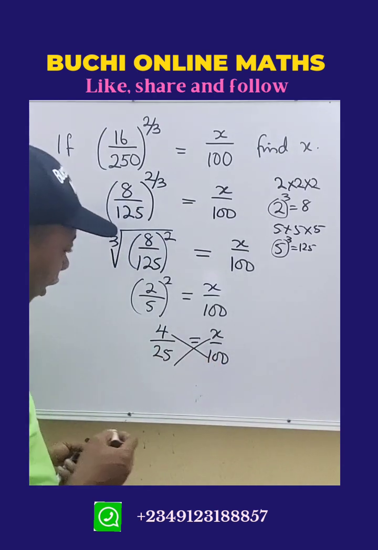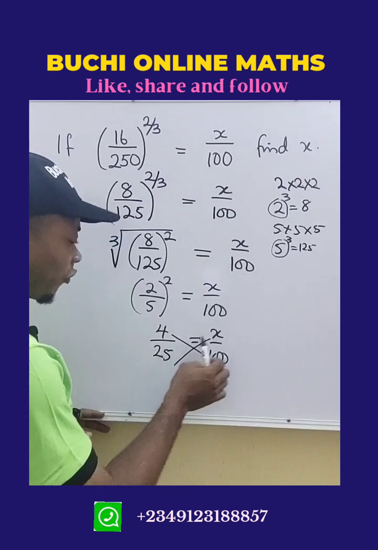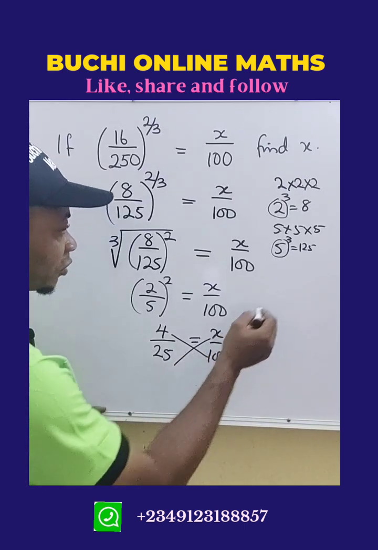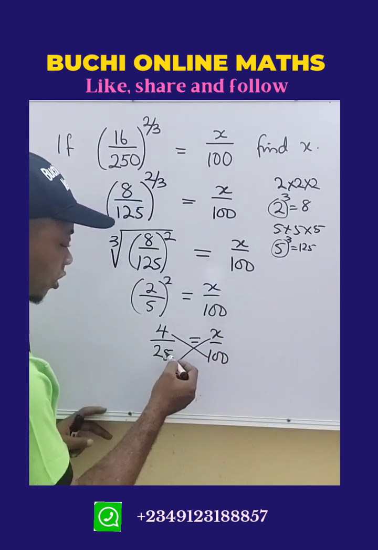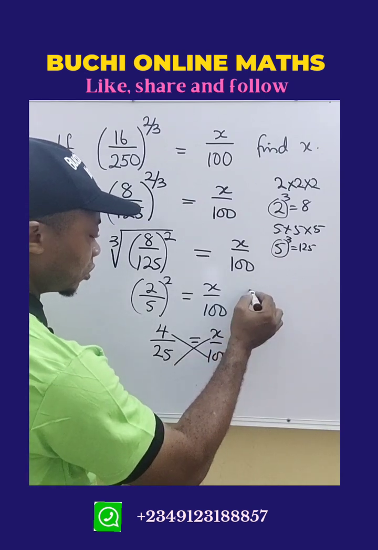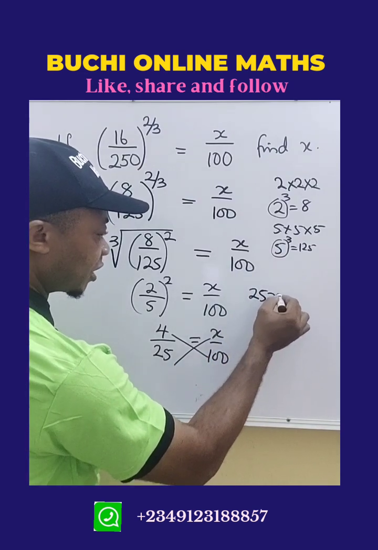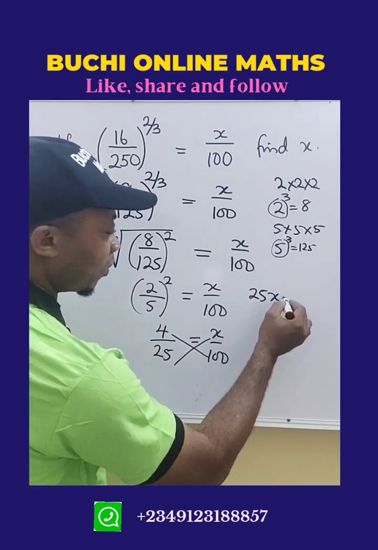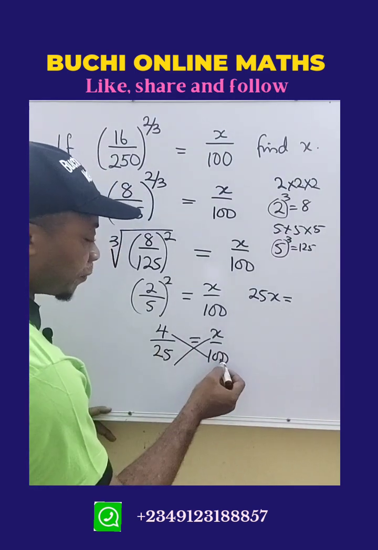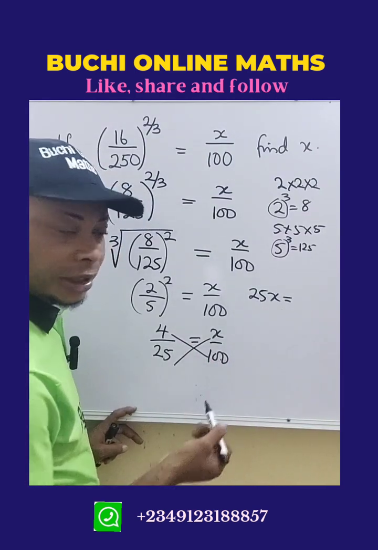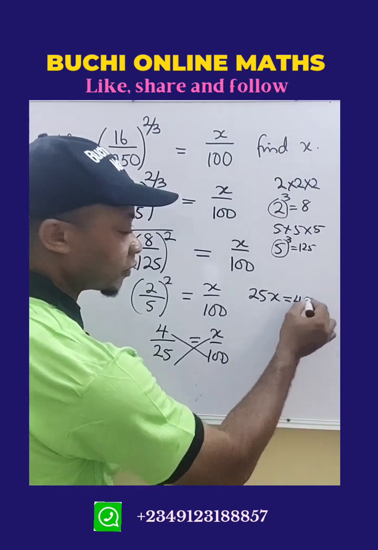When you cross multiply, 25 will multiply x to give you 25x, okay, equals 4 will multiply 100 to give you 400. So we have 400 here.